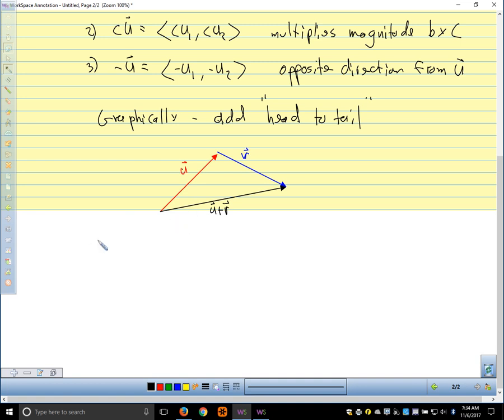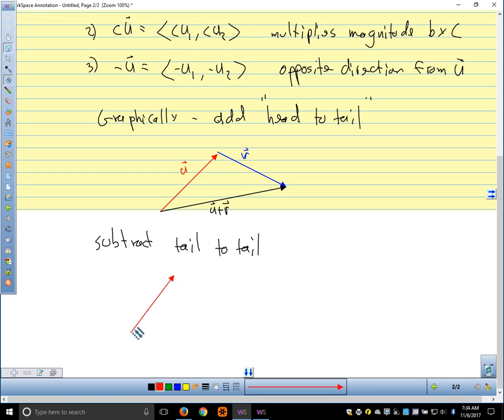And then we subtract, tail to tail. So if this is u and this is v, oops, I want to change the color there. That's v. This vector would be u minus v.